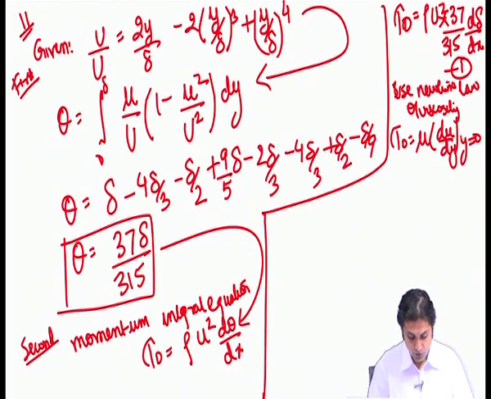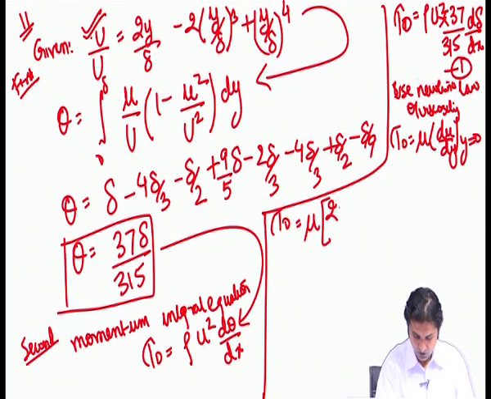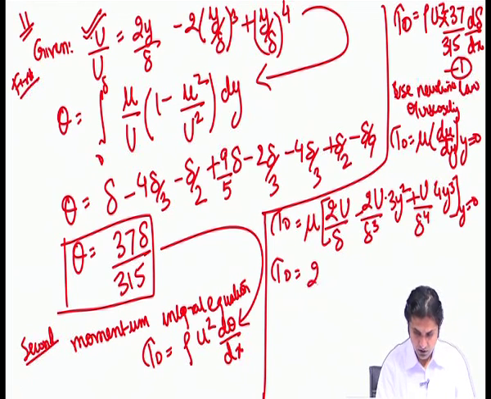The velocity profile u we already know from here, so after differentiating we get 2 capital U by delta minus 2 capital U by delta cube into 3y square plus U by delta to the power 4 into 4y cube, and you substitute y equal to 0, therefore you get tau naught is equal to 2 mu capital U by delta.